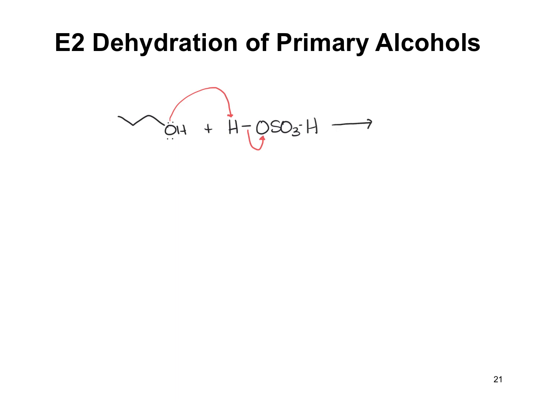When that happens, we now have that protonated alcohol. Now, when we look at this, you have to identify that this is the alpha carbon, and that makes that the beta carbon, and then you have to draw in that proton.